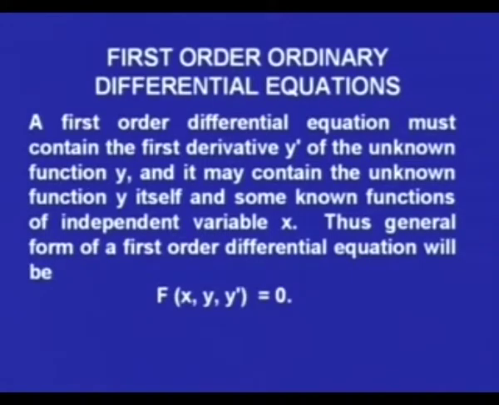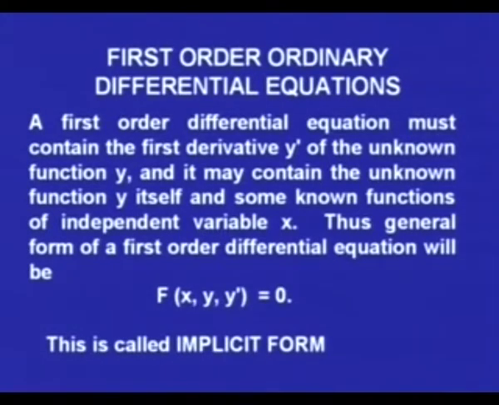Thus, the general form of a first order differential equation will be f of x, y, y dash is equal to 0. Here we have a function of the first derivative y dash, the function y, and it may contain some function of x. This is called the implicit form.